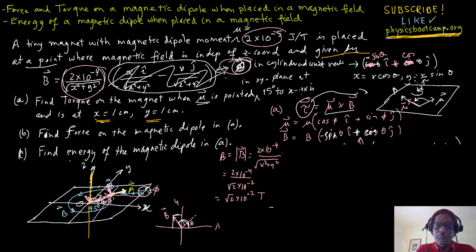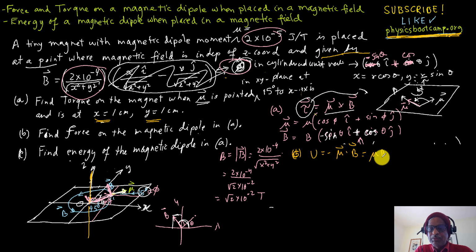Okay, so to do B, let's do C first. So U equals minus mu dot B. It's very simple. I have mu and B, and just take a dot product.